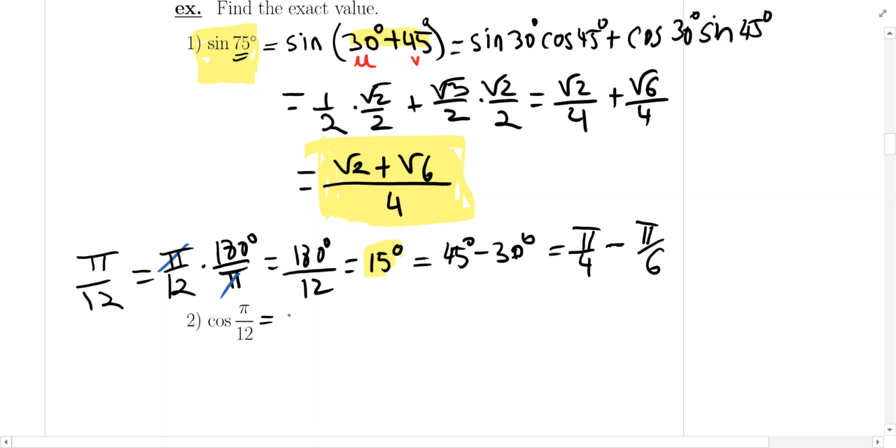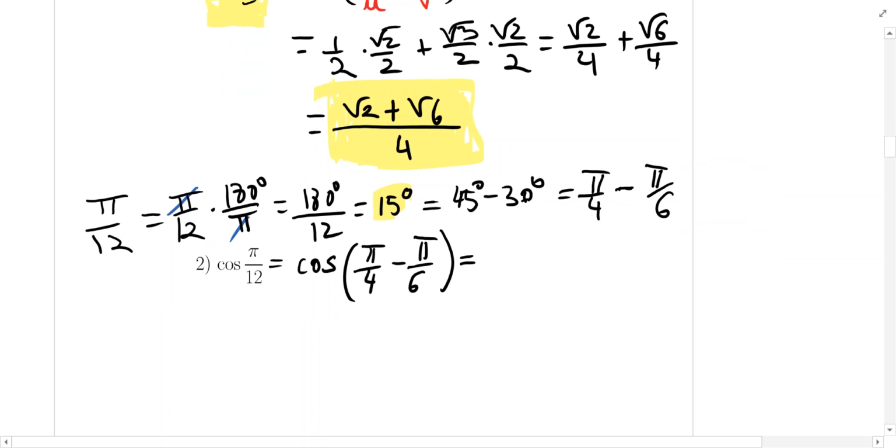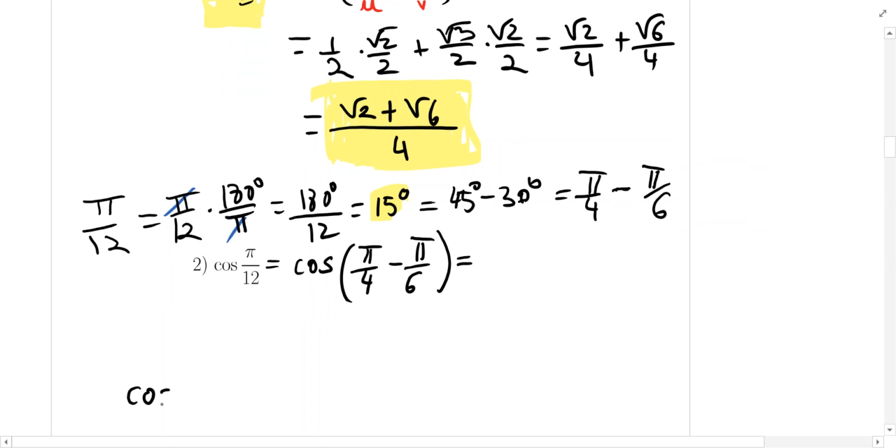All right, so then cosine of pi over 12. I'm going to write pi over 12 as pi over 4, which is 45 degrees, minus pi over 6, which is 30 degrees. Now, according to the formula, what formula are we using? We're using cosine of u minus v, where u is pi over 4 and v is pi over 6.